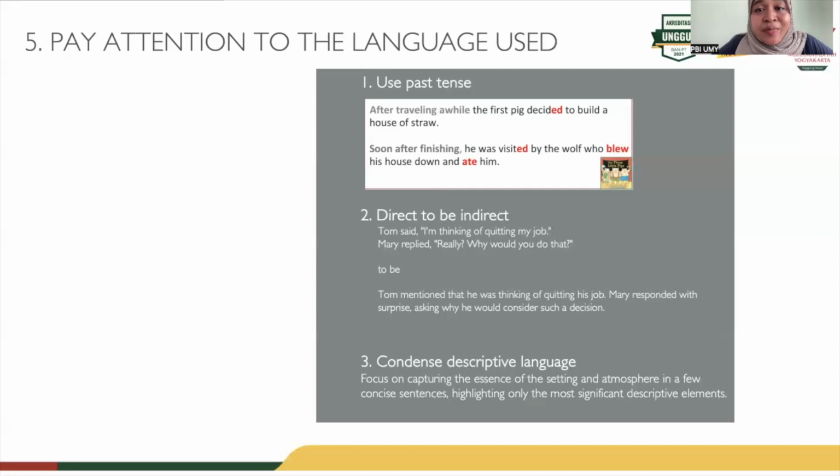Just choose the relevant descriptive language that you are going to present in your summary. The important ones only. Focus on capturing the essence of the setting and atmosphere in a few concise sentences, and highlight only the most significant descriptive elements. Just remember that.